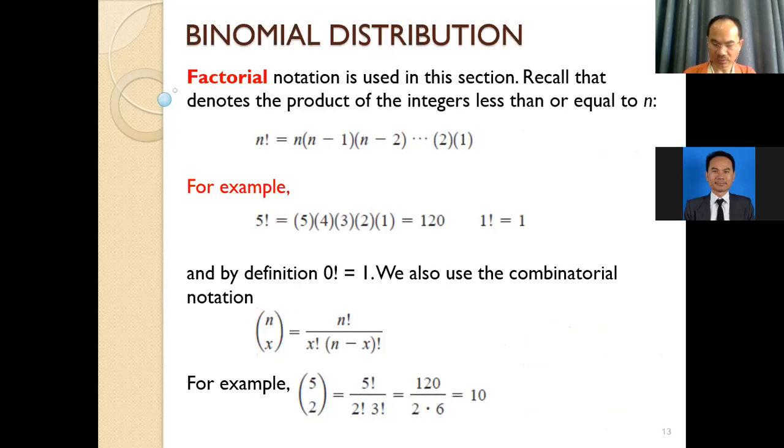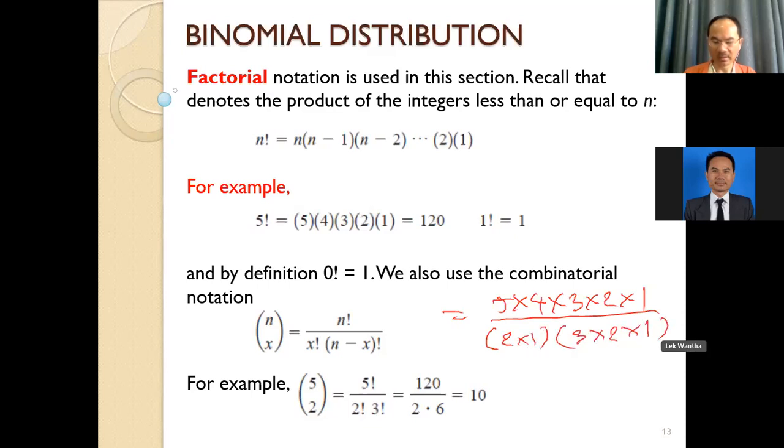This is equal to 5 multiplied by 4 multiplied by 3 multiplied by 2 multiplied by 1, divided by 2 multiplied by 1 times 3 multiplied by 2 multiplied by 1. In total you get 10.